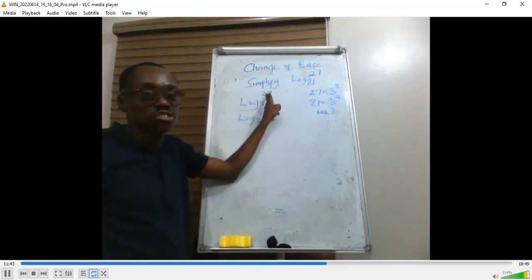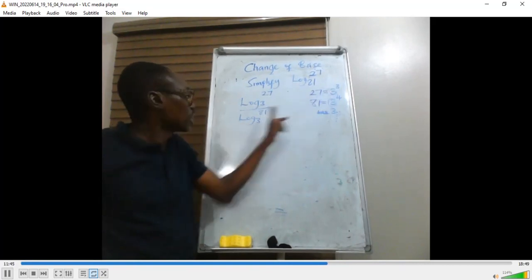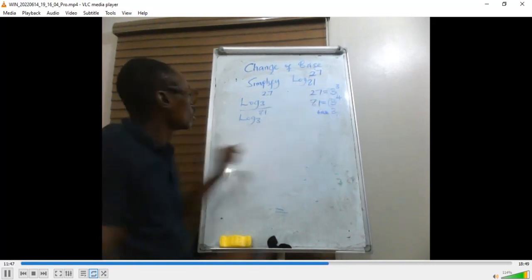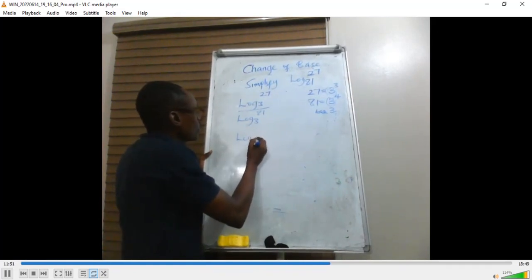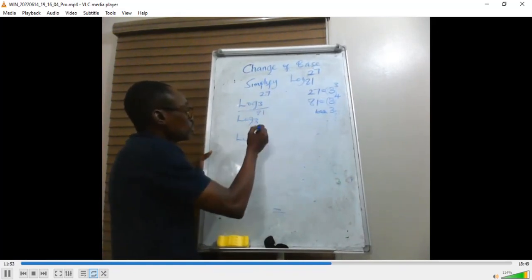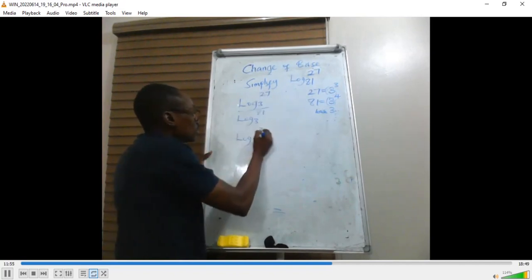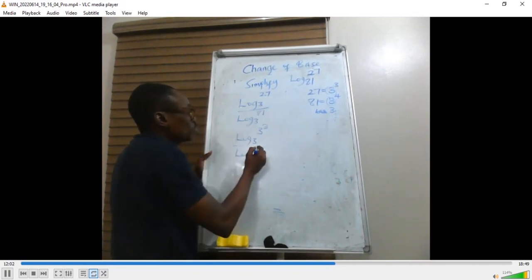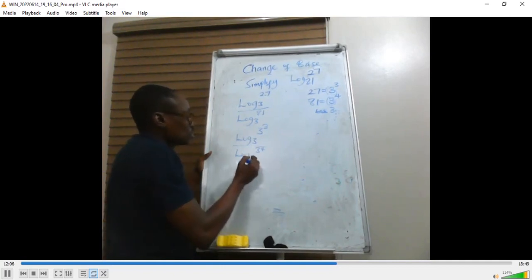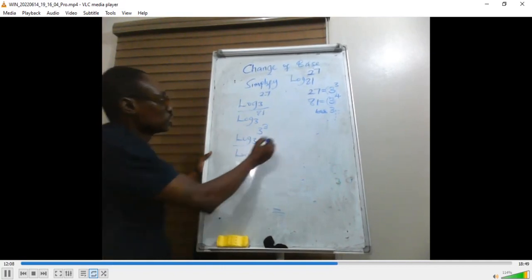So we replace 27 with 3 raised to the power 3 and 81 with 3 raised to the power 4. Log 27 is log of 3 raised to the power 3, while log 81 is log of 3 raised to the power 4, all to base 3.